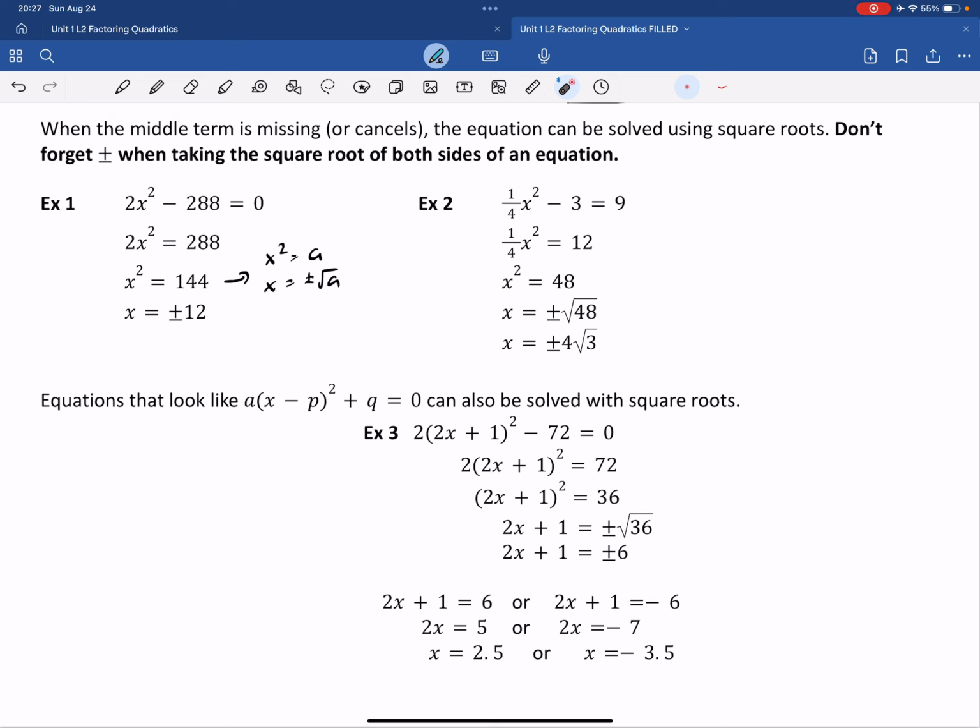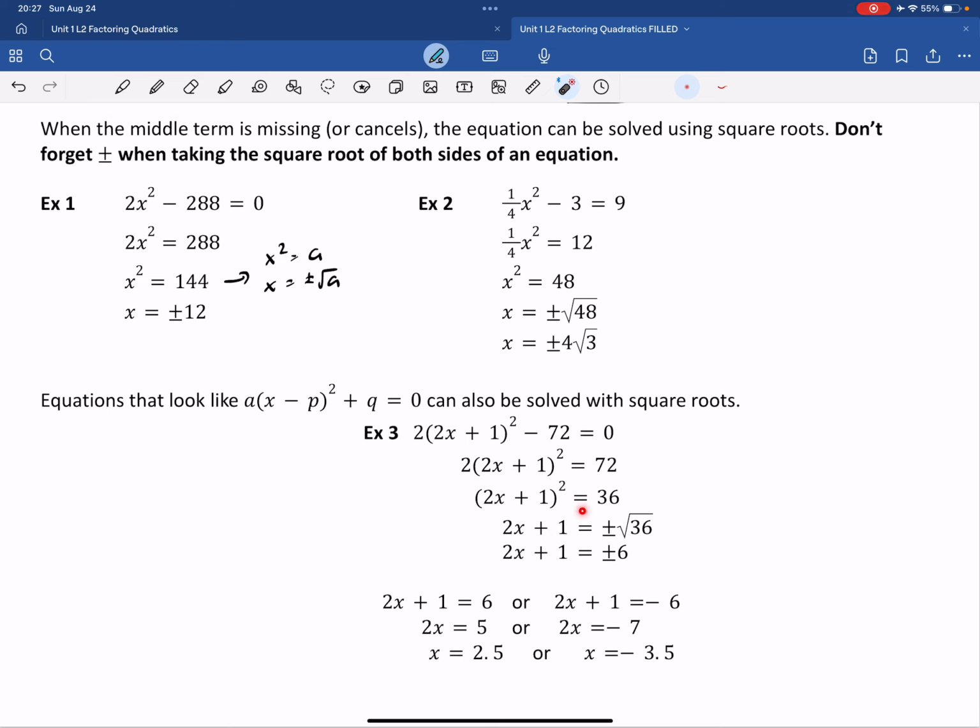So if I look at this example, we've got 2x plus 1, everything else is numbers. So we can work to get this by itself. Move the 72 over. Now here we can divide by 2. And now we don't want to expand this out. That's going to be a nightmare. The easiest way to isolate this is to undo by square rooting and then subtract the 1. That's exactly what we do.